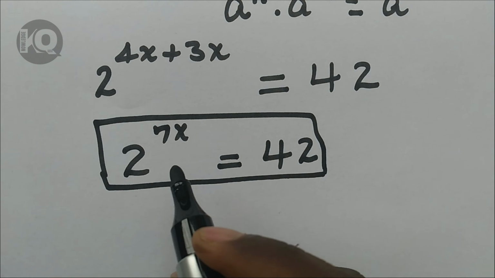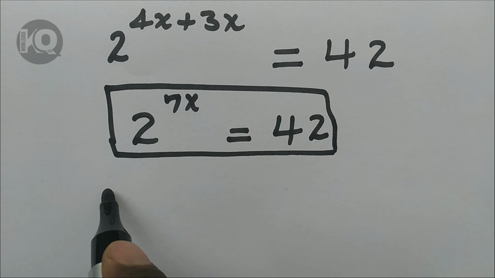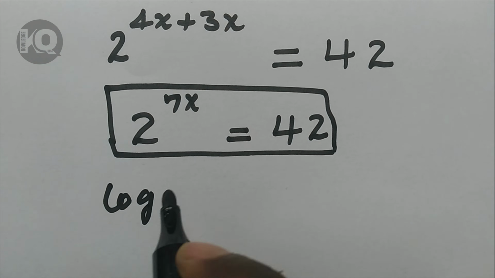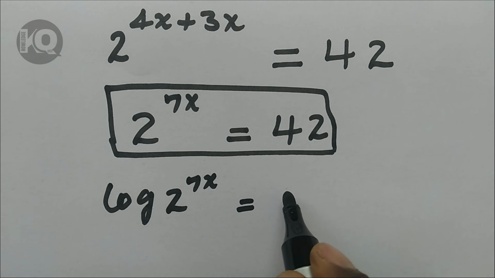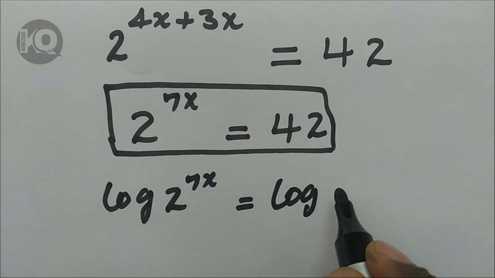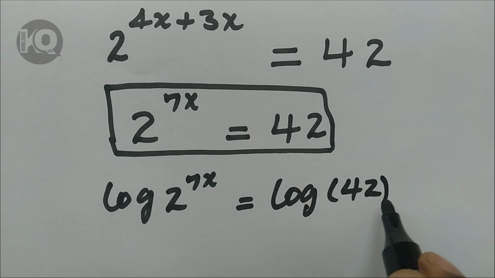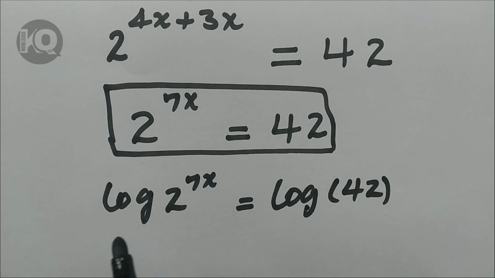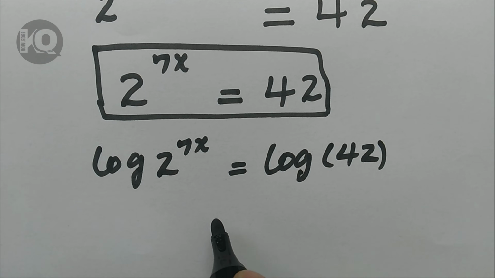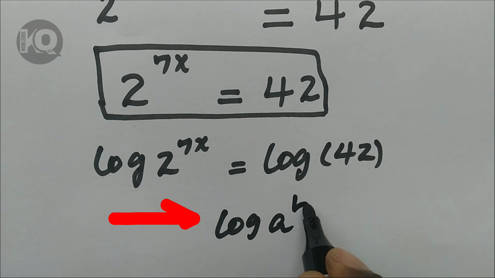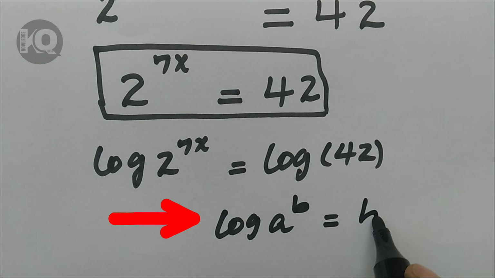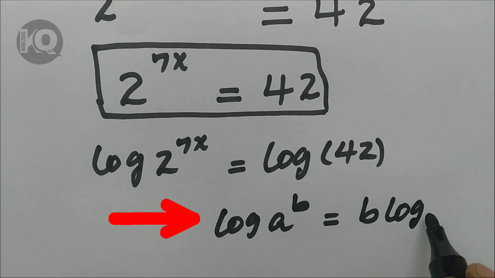Now we can use logarithms to find the value of x from this equation. So let's introduce logarithm on both sides. So log of 2^(7x) is equal to log of 42. From the rule of logarithms, log of a^b is equal to b times log of a.